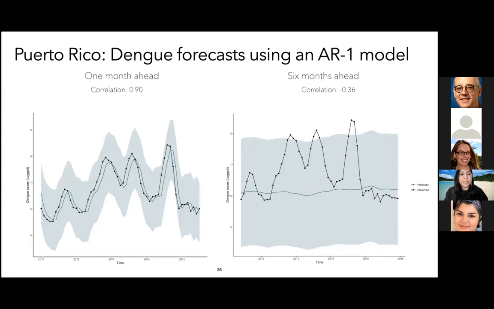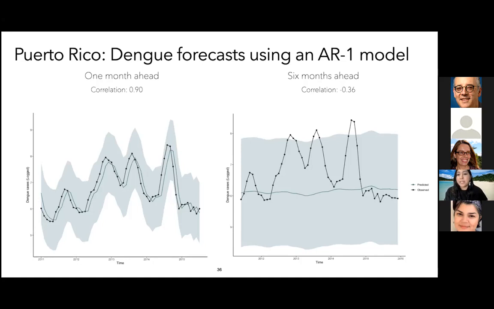As you can see on the left figure, this is showing the forecast in this green line, and the observed cases is the black line, and showing that at least with 1 month ahead forecasts, they do fairly well in capturing the general pattern and magnitude of the observed dengue cases, but clearly are shifted in time in terms of when the actual peaks and lows are happening.